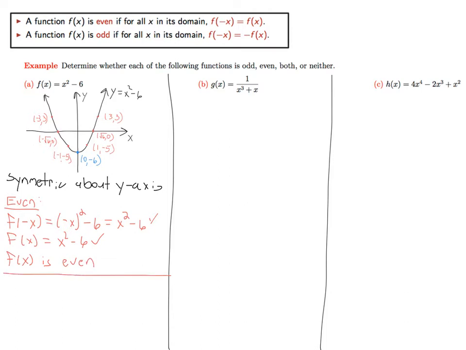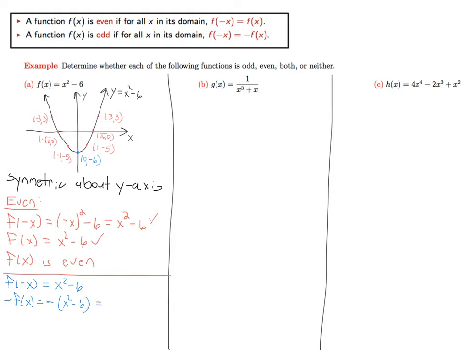Checking to see whether the function is odd, we again would need to compare what we get when we evaluate f at minus x. And recall that we did that already. And now I would compare that to what I get when I take the expression for f, which is x squared minus 6, and multiply that by minus 1.